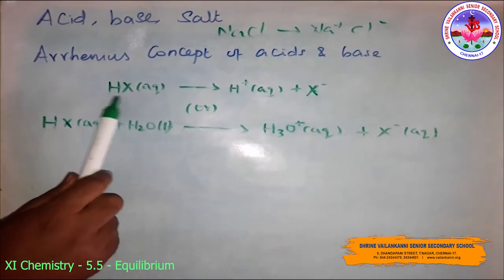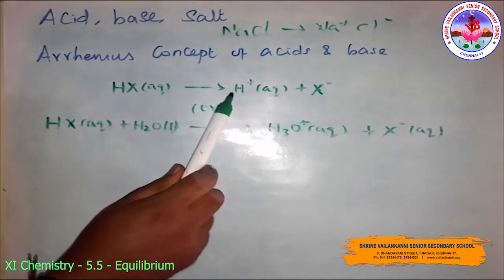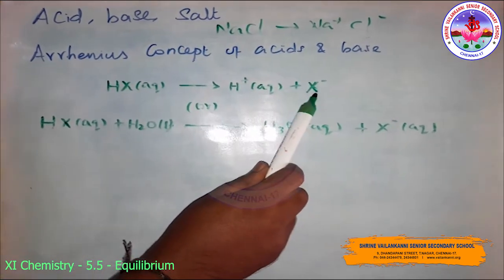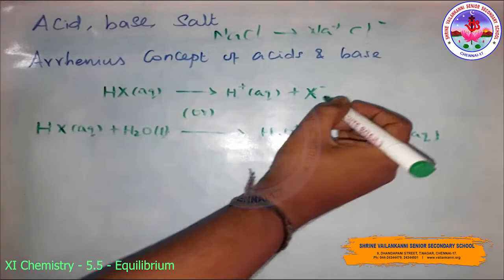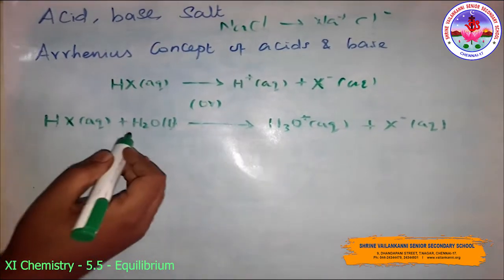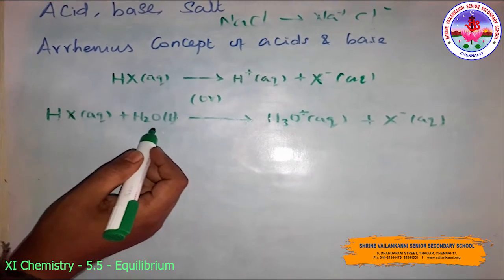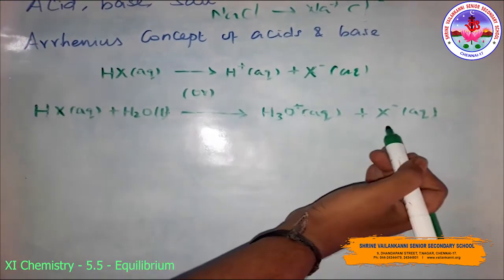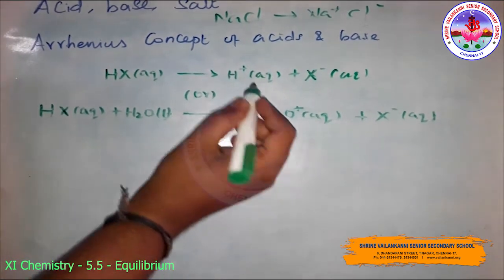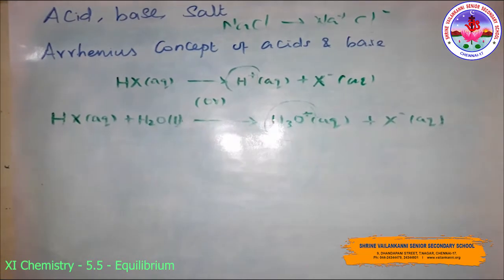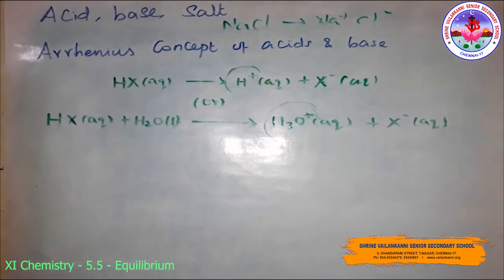The acid HX in aqueous solution dissociates into H plus and X minus, where X minus is also in aqueous form. Or you can write HX reacting with water to form hydronium ion and X minus aqueous. Either you can write H plus or H3O plus; both indicate acid only.